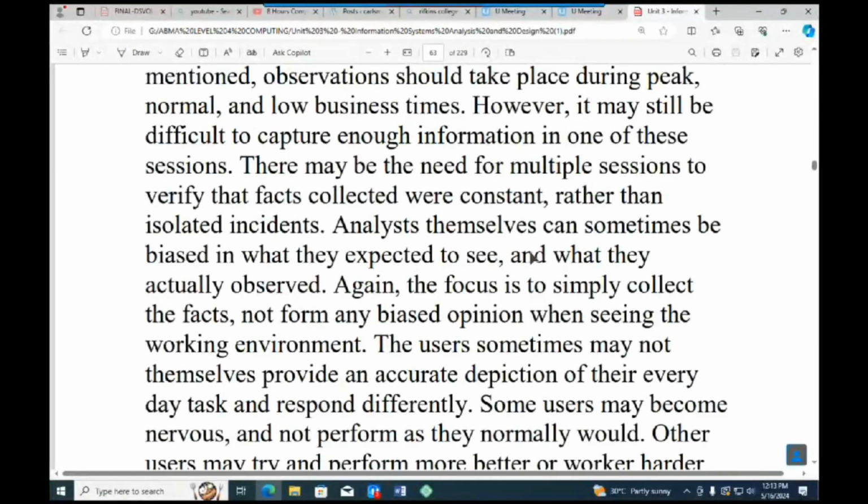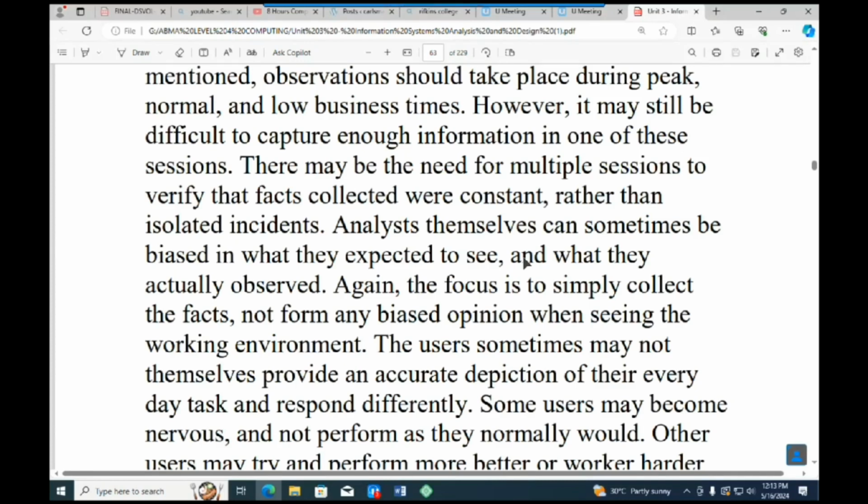Analysts here can actually observe, they can sometimes be biased in what they expect to see and in what they see. As a person, you move into an organization for the session, there is that what you expect to see and there is that what you see. At times, there can be biasness, and that is a second disadvantage.